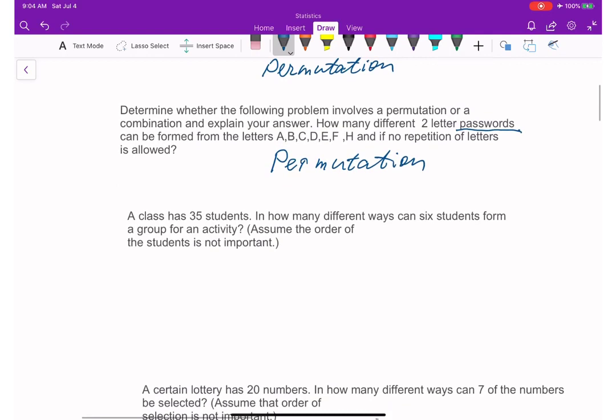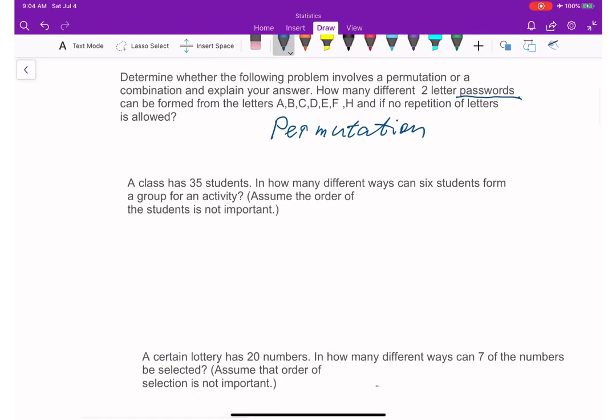Next, a class has 35 students. In how many ways can 6 students form a group for an activity? So how many ways 6 students can create a group for an activity?